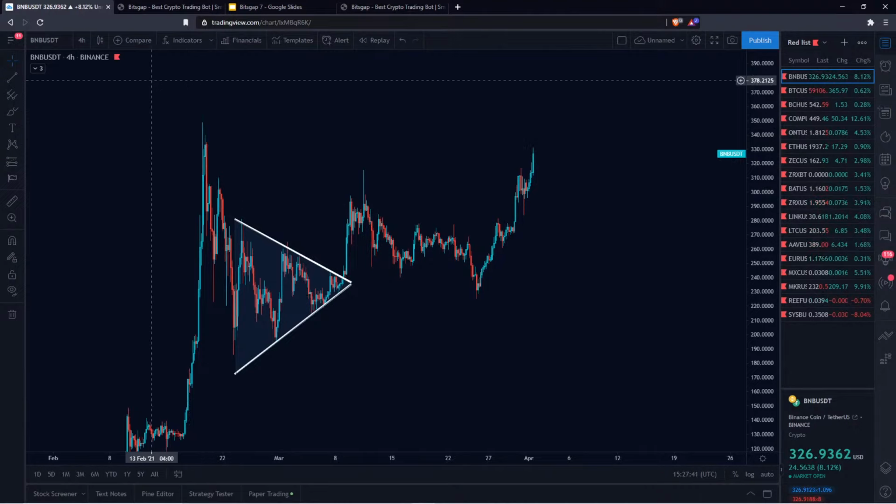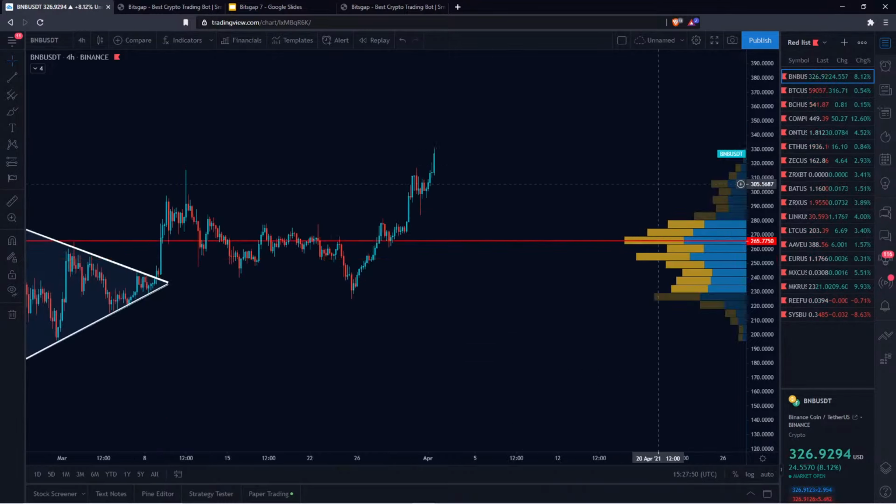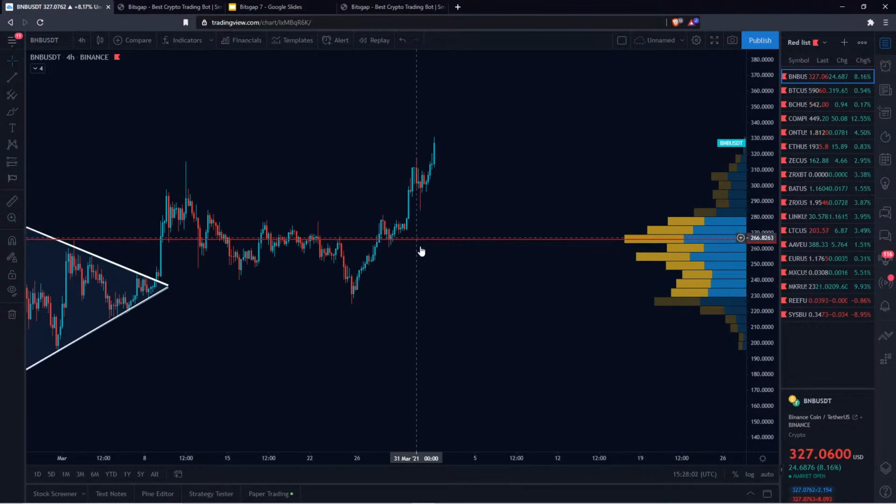For example, I prefer to use the volume profile. Let's use the visible range here, because with the volume profile I can see at which price level there was the biggest interest in the market, where sellers and buyers were fighting the most, and in most cases that corresponds to the support and resistance lines.